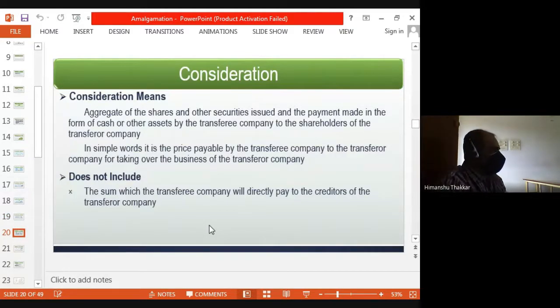Now, you're purchasing another business. Purchase method means you're purchasing. A Limited is purchasing B Limited. So just like any other purchase, if you want to buy something, what you have to give? You have to give some consideration. Some price you need to pay to buy something.